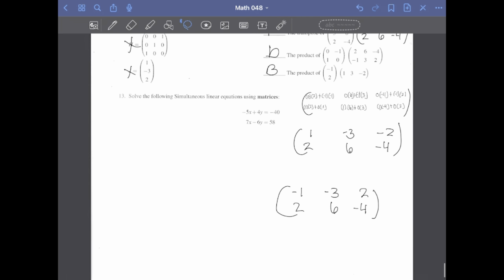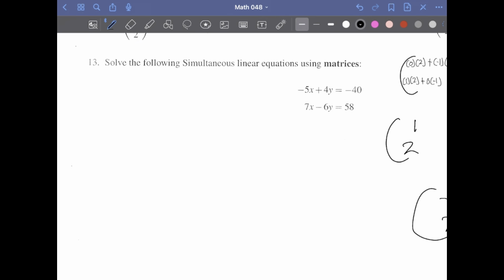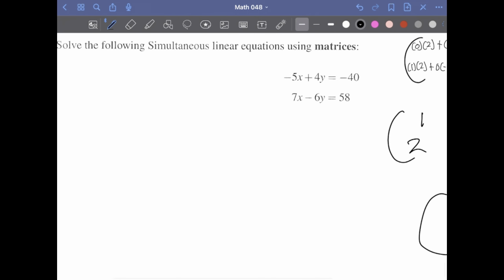Okay, so now solve the following simultaneous linear equations using matrices. So first thing we're going to do is write the system in matrix form.